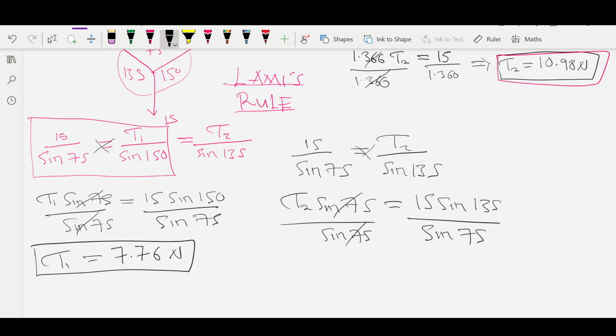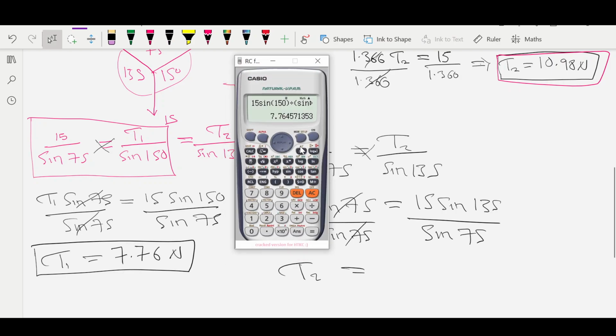So this one and this one will go, and then our T2 will equal 15 sine 135 divided by sine 75.